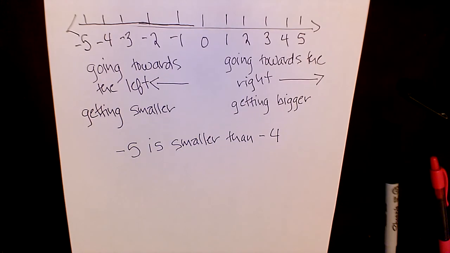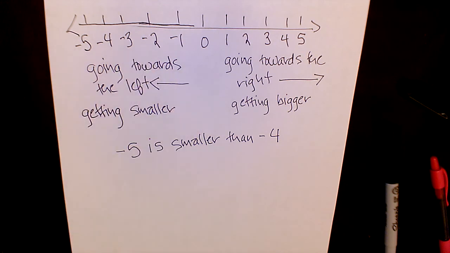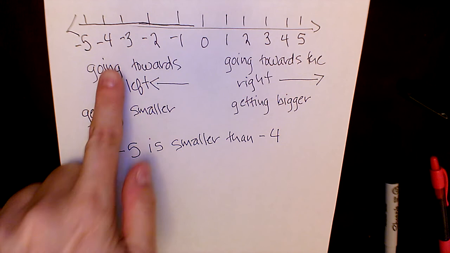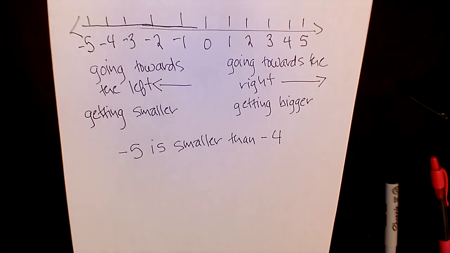Or some people that have taken my class before have said that the closer it is to 0, the bigger it is. So -4 is bigger, or is closer to 0, so it's bigger. So if you want to use that, the closer the number is to 0, the bigger. Or you can think about going away toward the left, it keeps getting smaller.